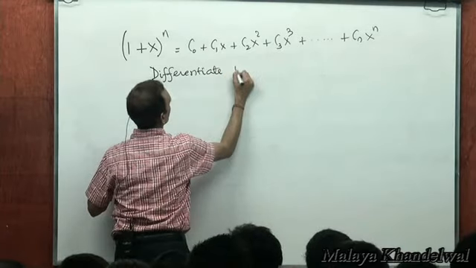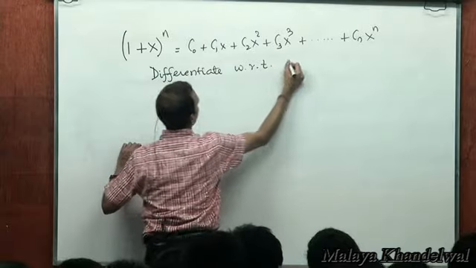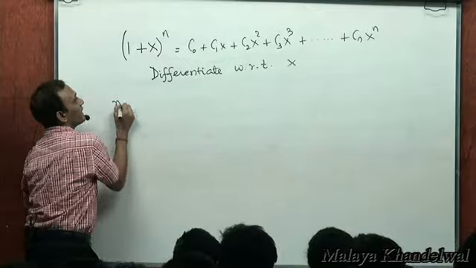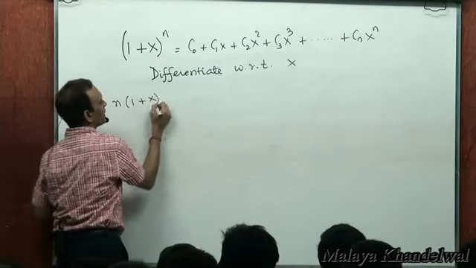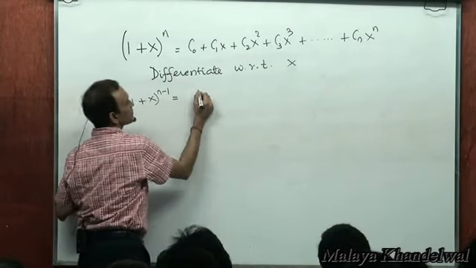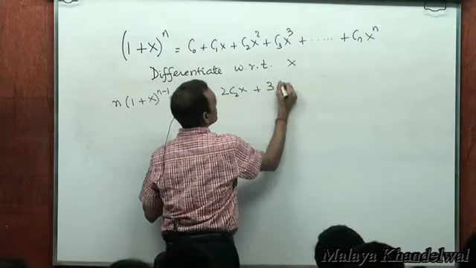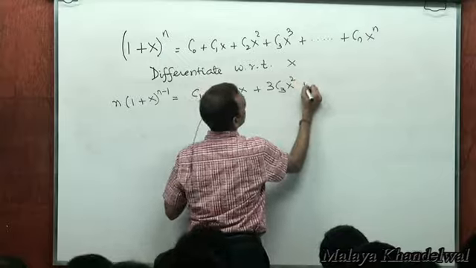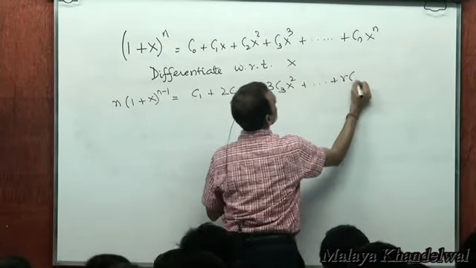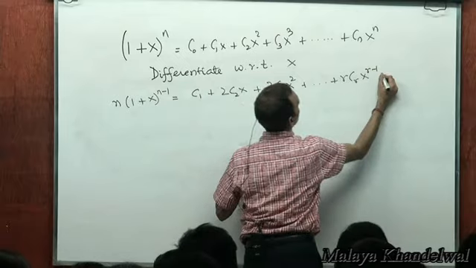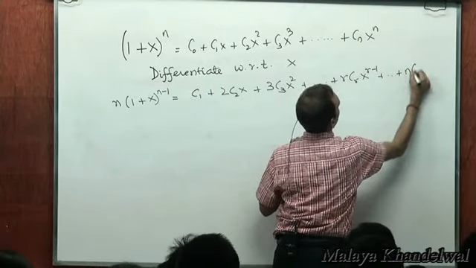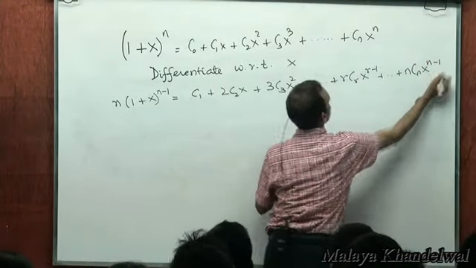Then you get n(1 + x)^(n-1) is C1 + 2C2x + 3C3x² + ... + rCr x^(r-1) + ... + nCn x^(n-1). Is this not what you get?